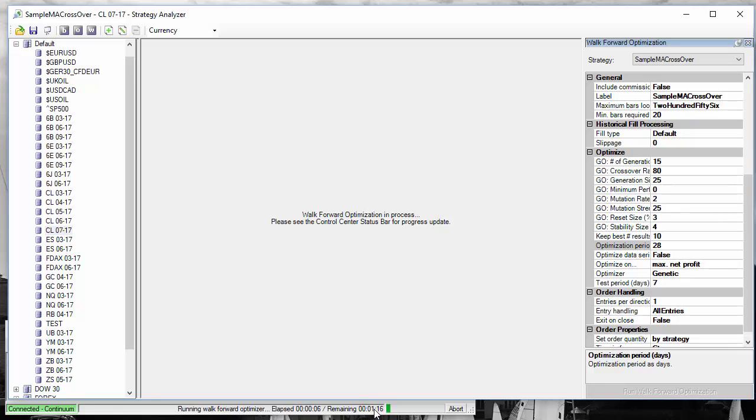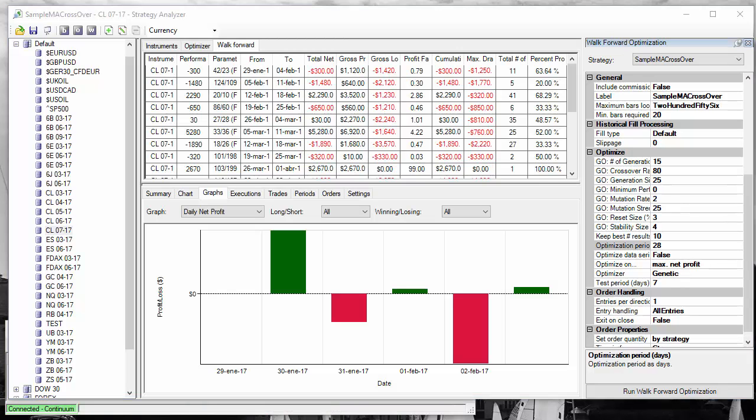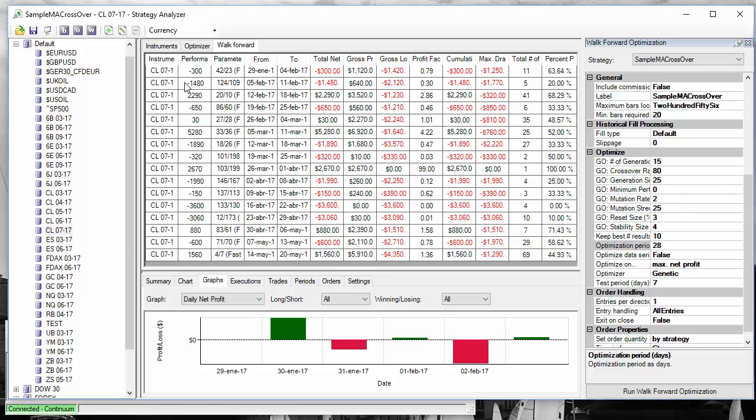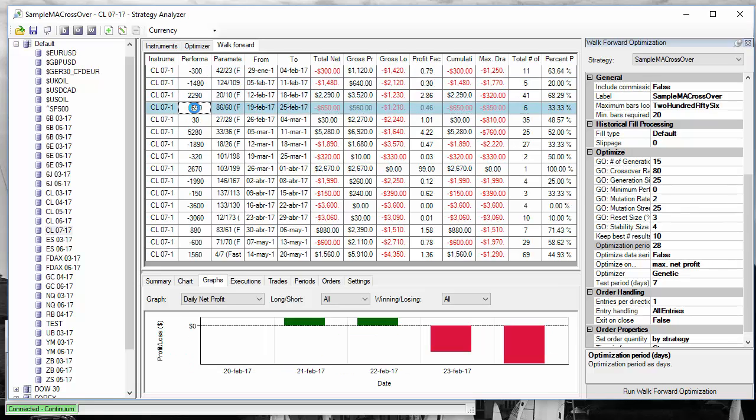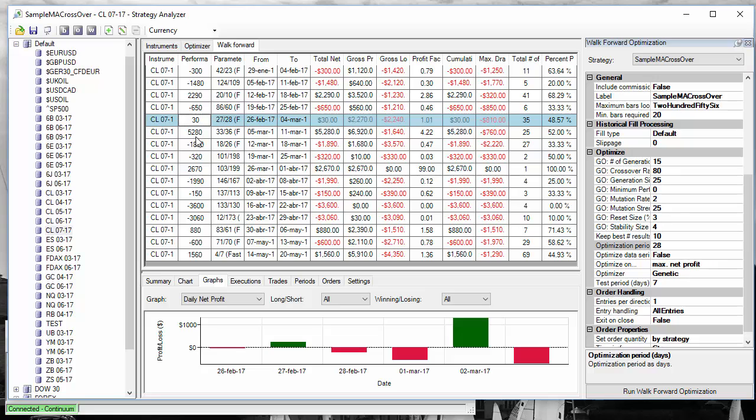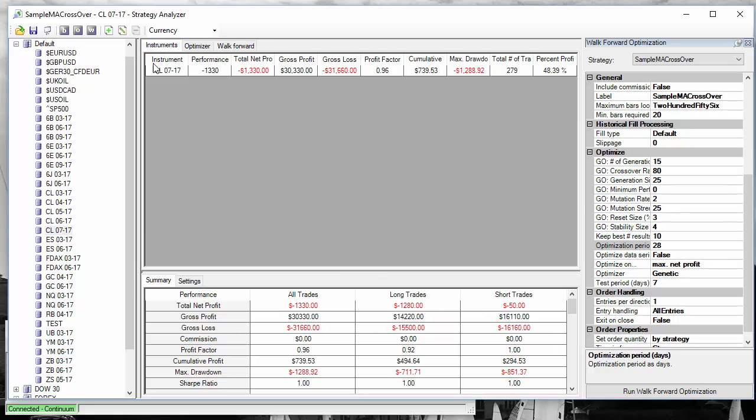This report is going to take a little more time, so we pause. Now the report is finished, and these are the results for each walk forward. The net result is still negative.